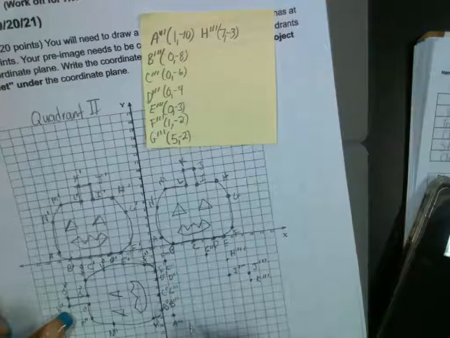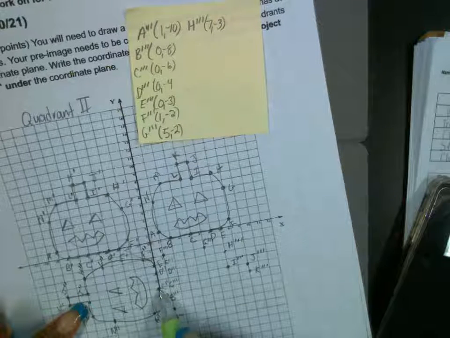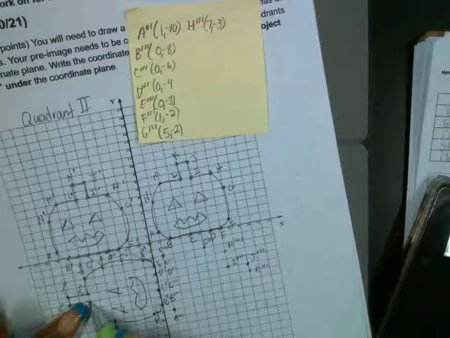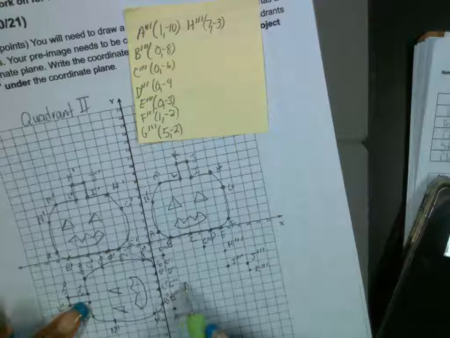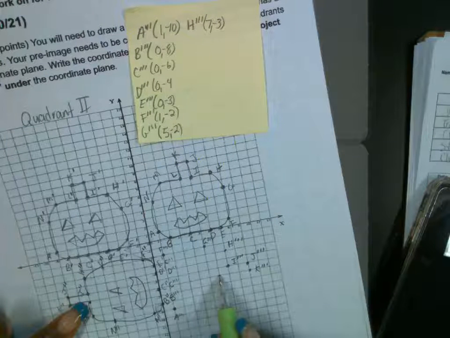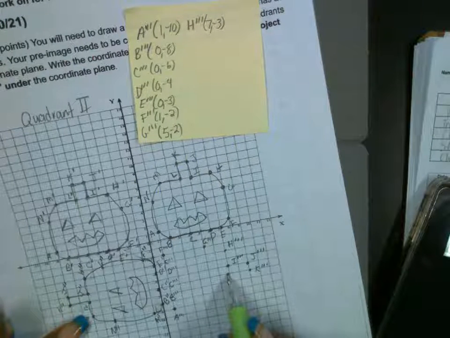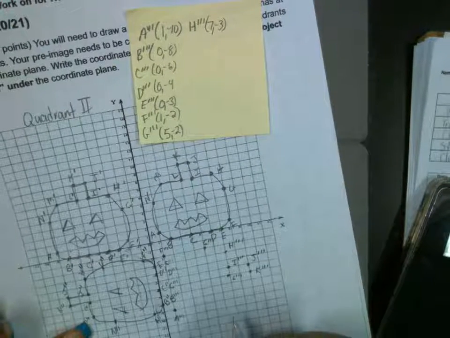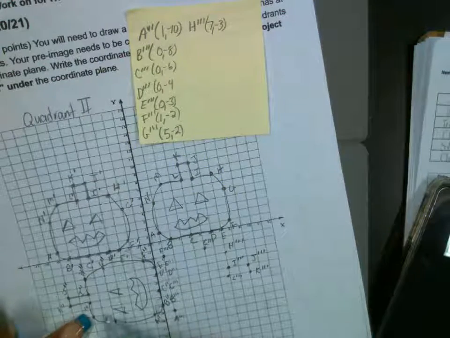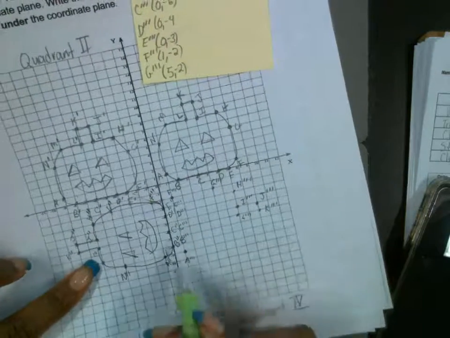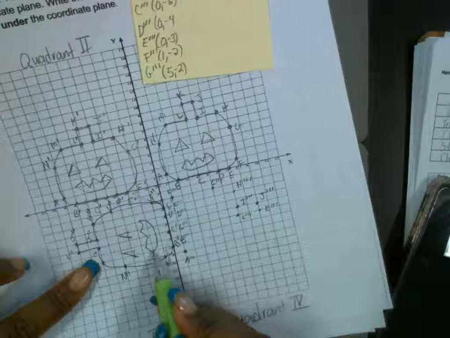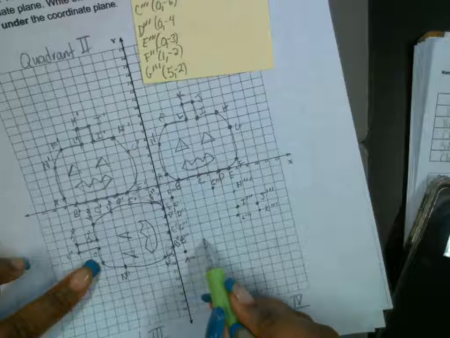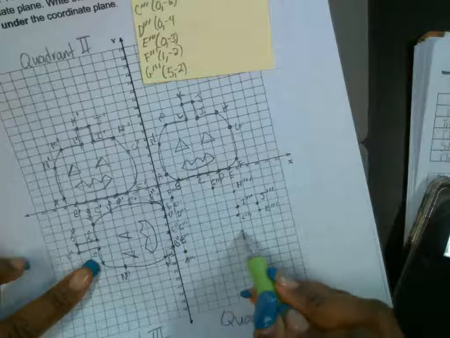3 tick marks. L, away from the line of reflection. 1, 2, 3, 4, 5, 6, 7. This is L triple prime, 3 tick marks. M, how far M is away from the line of reflection. It's 1, 2, 3, 4, 5, 6, 7.